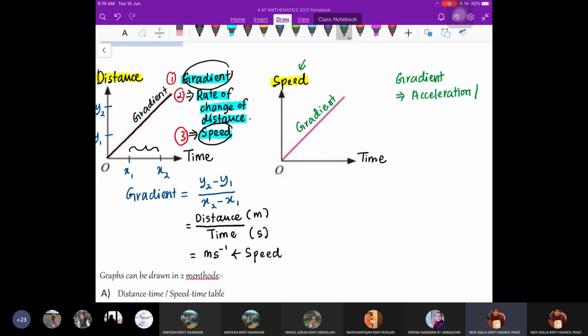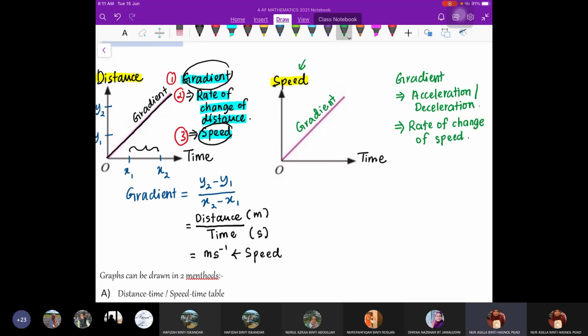Or kalau value dia negatif, okay, speed pun also can be negative. Kalau acceleration dia negatif, we call it as deceleration. Okay, dan kata nama lain dia yang ketiga is the rate of change of speed.